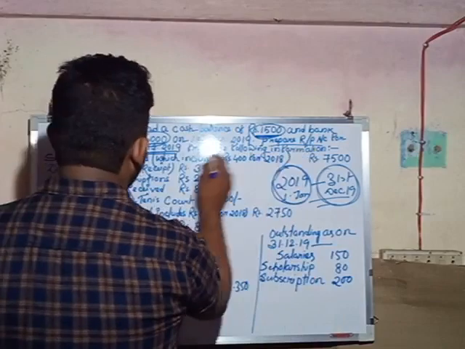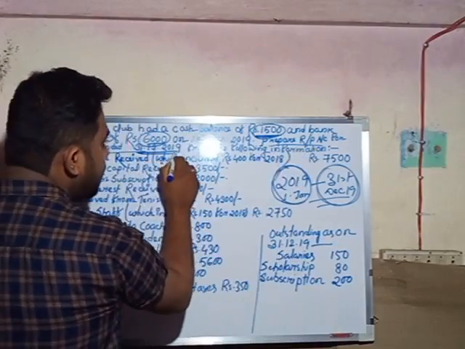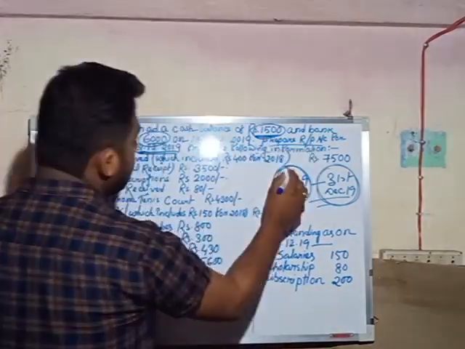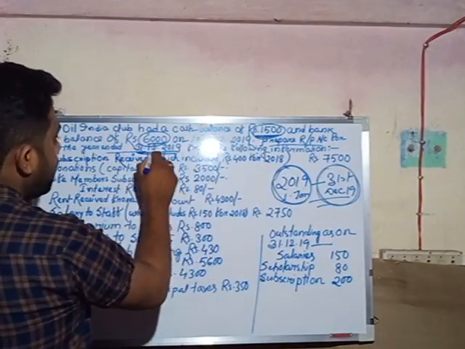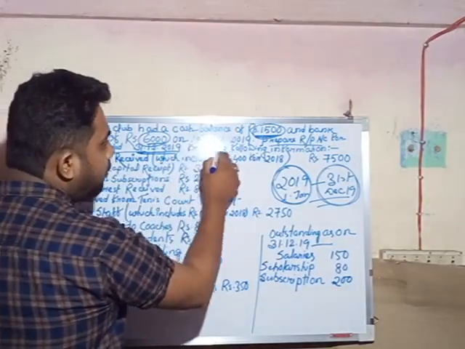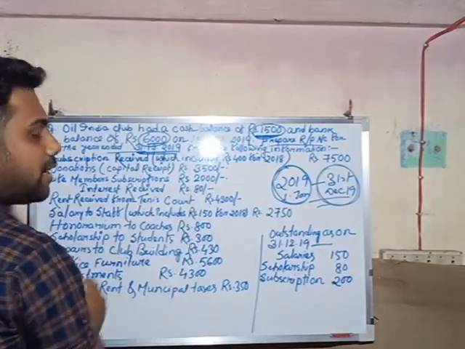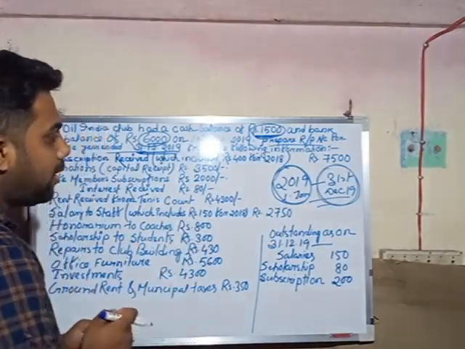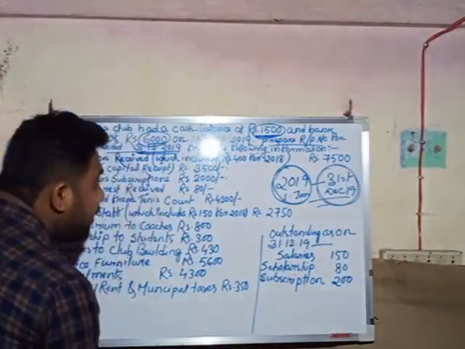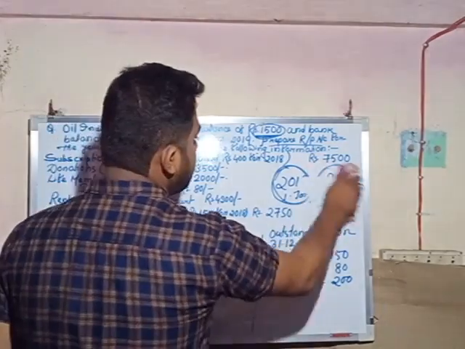Prepare receipts and payment account for the year ended 31st December 2019 from the following information. They have given certain information below, and we have to prepare the receipts and payment account from this information.